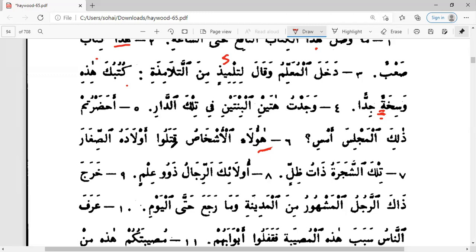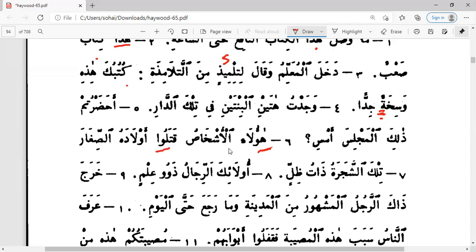It has to be singular. If it comes in the middle and the subject is already mentioned before, then we have to use the number that matches with what's been mentioned before. You understand?